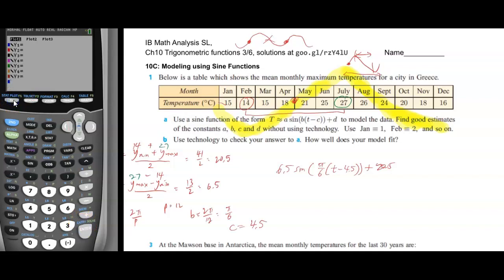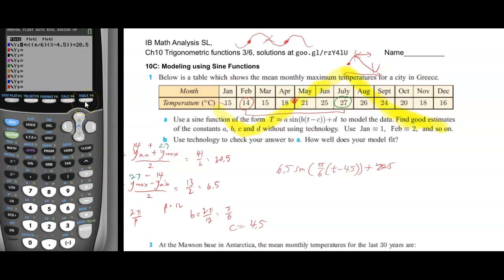And then in y equals, I'm going to input this function, 6.5 sine, pi divided by 6, x minus 4.5, close parentheses for sine, plus 20.5.